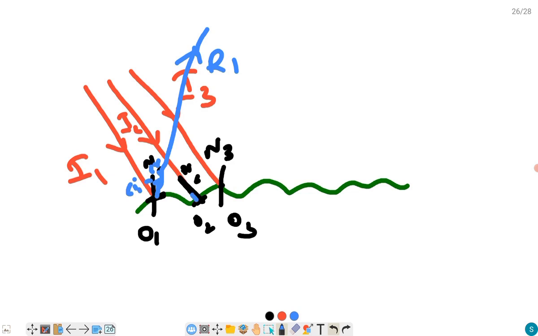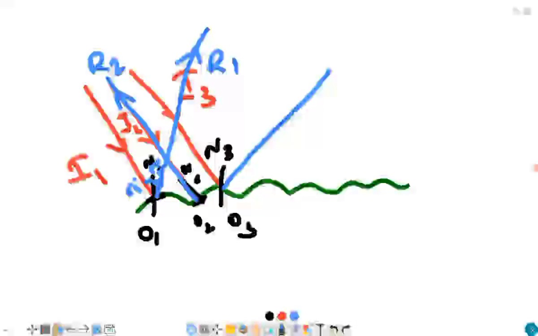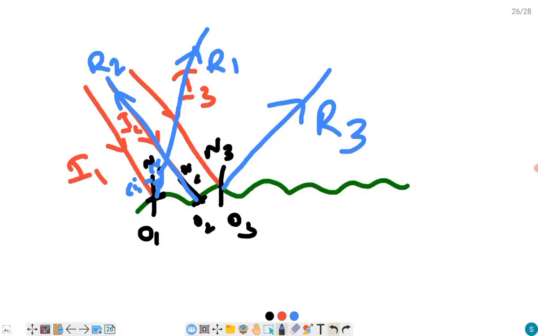When this is normal incidence, it must be here only on the same line. This is R2. Understood? Now, where will the third reflected ray be? Here. Now observe R1, R2, R3, how they are. Are they parallel? No, they are moving in different directions.